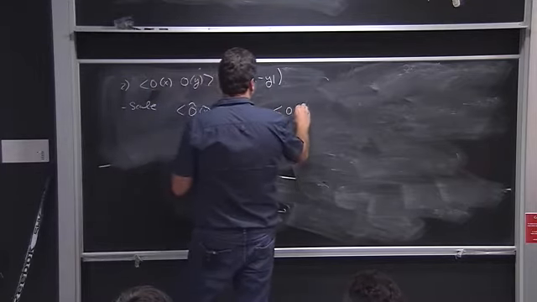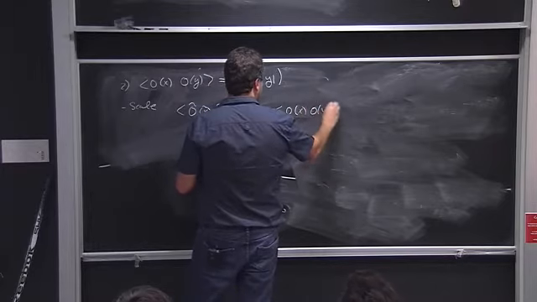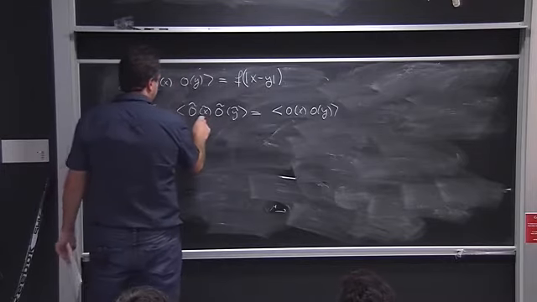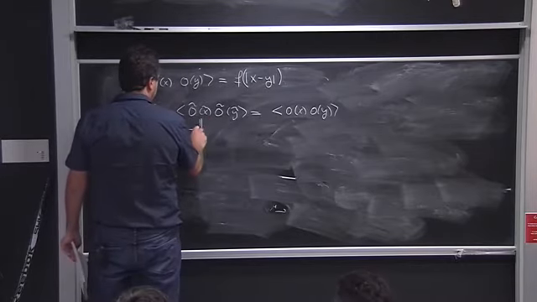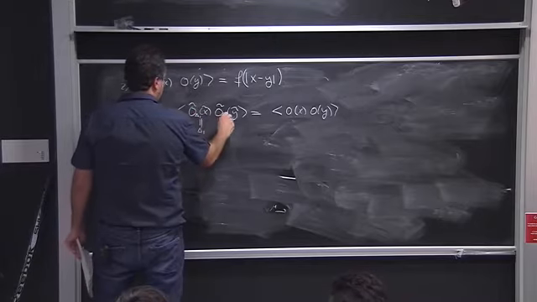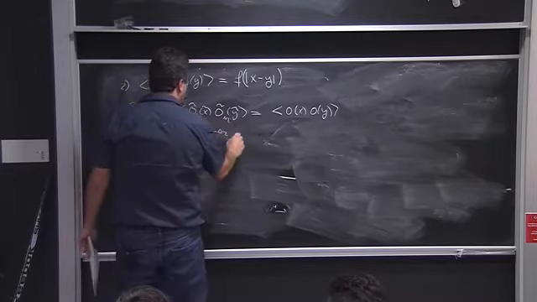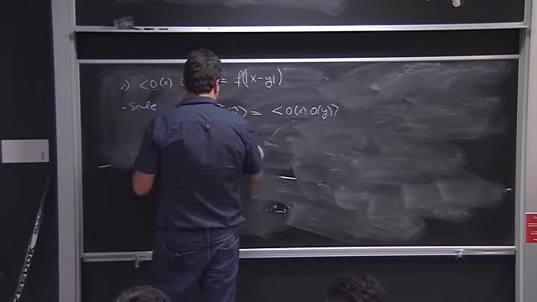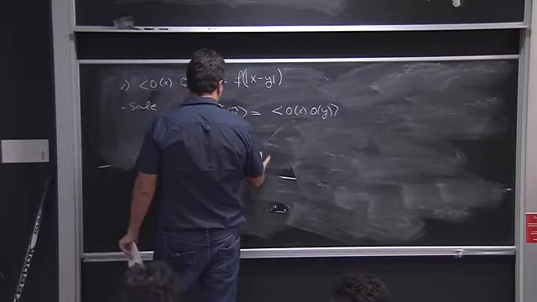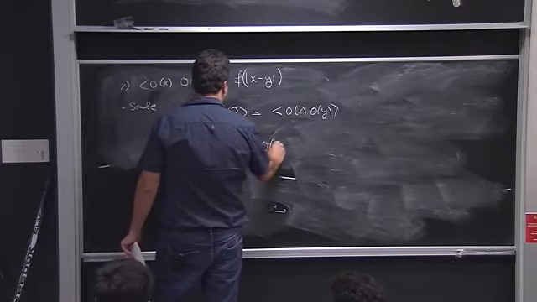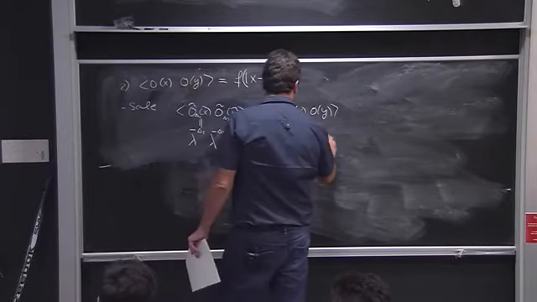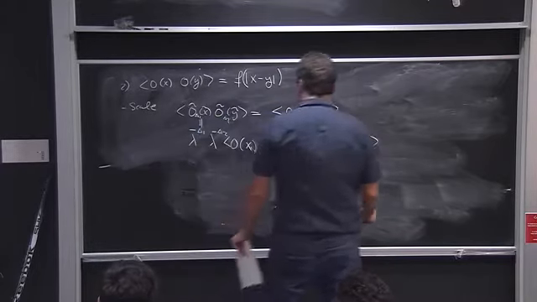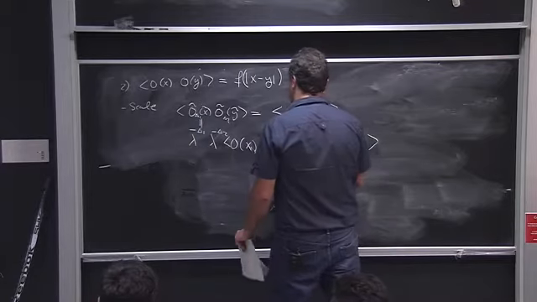Again, this is only for scalars. So now I use the transformation rule under the dilatation. Under the dilatation, this goes into lambda to the minus delta 1, lambda to the minus delta 2, O(lambda x) O(lambda y), which has to equal O(x) O(y).